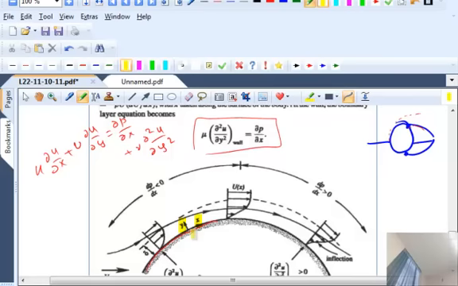And that is this equation. So what that tells us is, when the separation occurs, the dp/dx, the pressure gradient, changes sign. It is negative at one point and it is positive at another point. Does that make sense? Why is the pressure gradient negative here? Because the flow is in this direction.